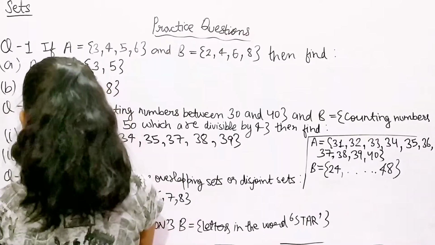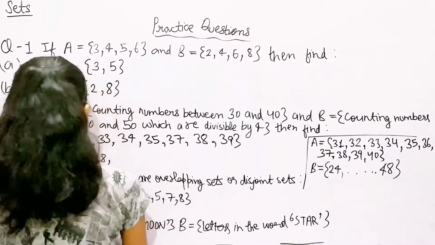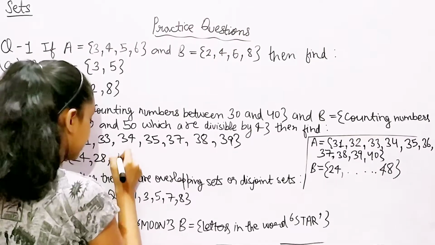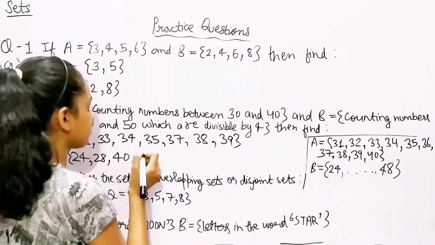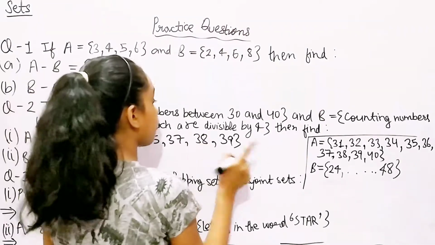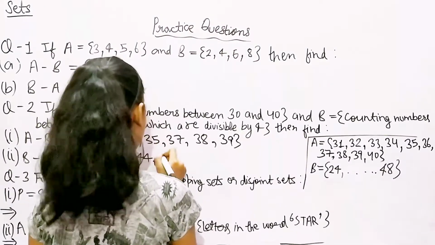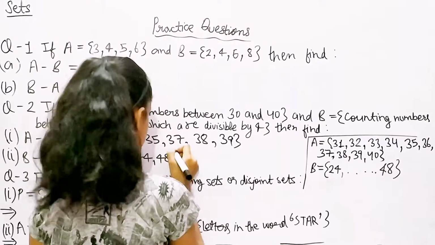Okay, wait a second. Yeah, so we have first 24, then 28, and the next one is going to be 40. So 24, 28, 40, and then the next number, which is 44, and after it, 48.